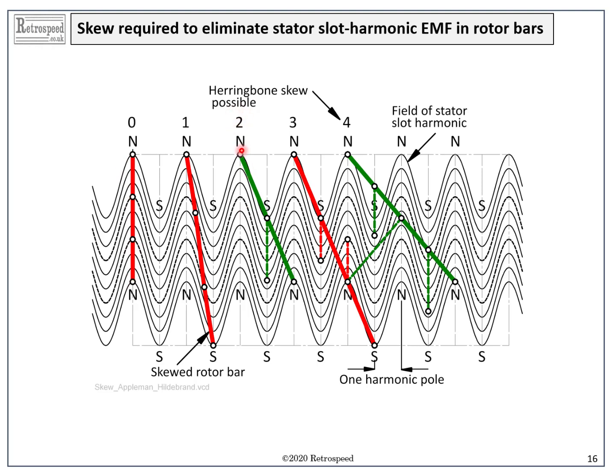With a skew of 2 harmonic pole pitches, the harmonic EMF and torque in the 2 halves of the conductor cancel out. That's the idea of using 2 harmonic pole pitches. A skew of only 1 harmonic pole pitch is the worst possible, because the EMF and torque in the 2 halves are additive.